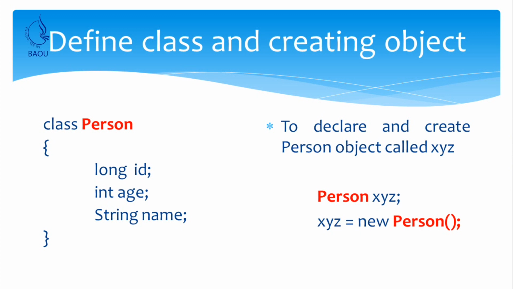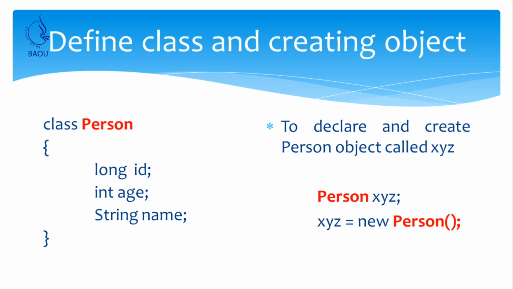Now, once this class with instance variables and methods is defined, you can create object of its type. So, to declare and create person object called XYZ, first we declare person type object, person XYZ. So, here XYZ represents person.